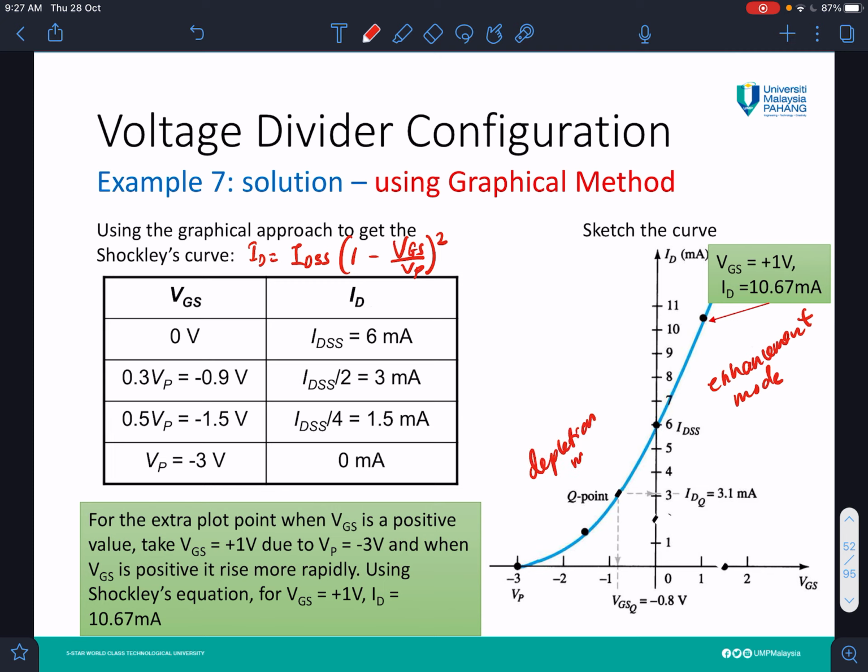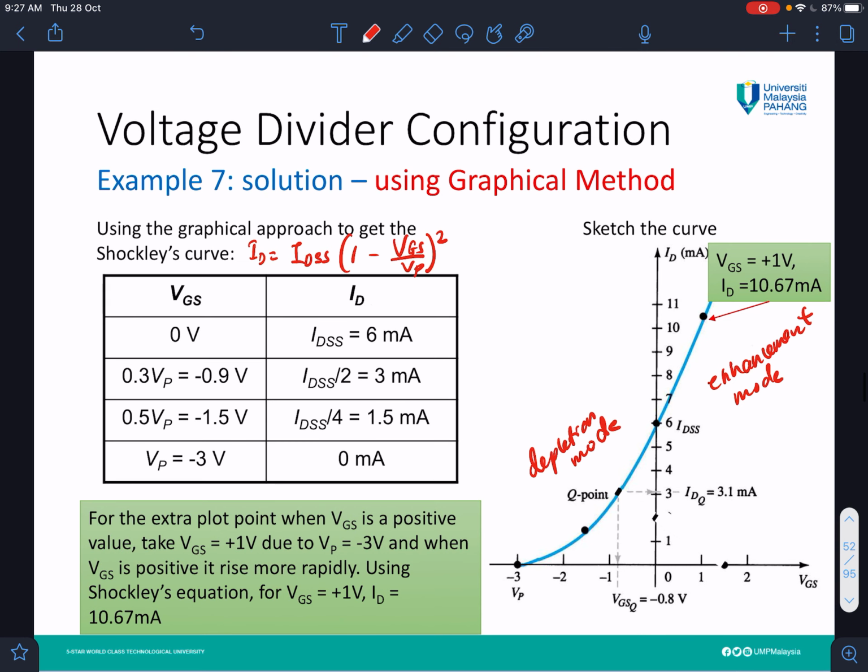We know that the DMOSFET will operate in 2 modes, right? So for the extra plot point, when VGS is positive, somewhere around here, we take VGS equal to 1, positive due to negative 3 VP, and when VGS is positive, it rises more rapidly. So we get this point here.